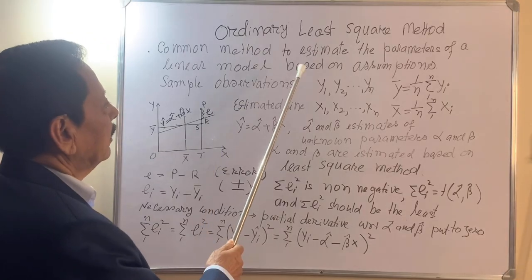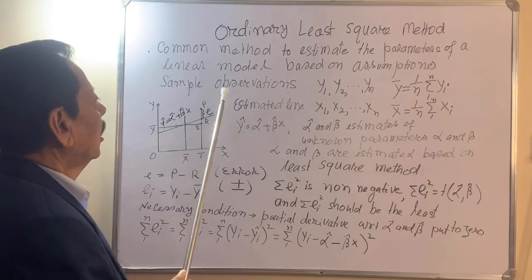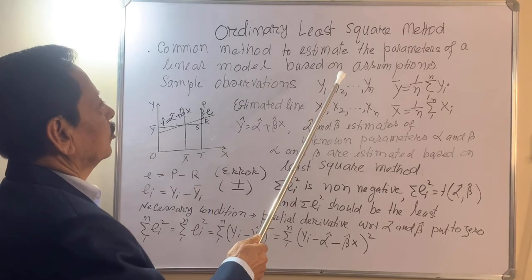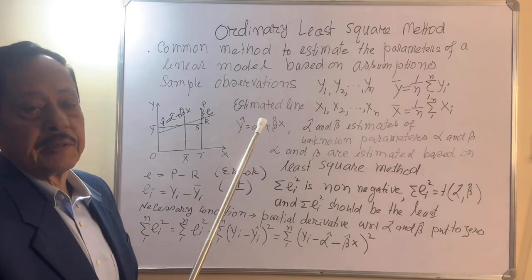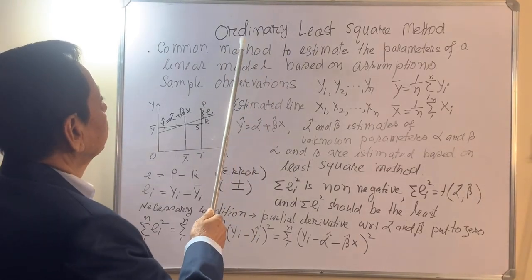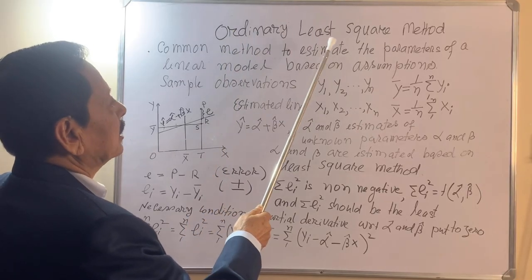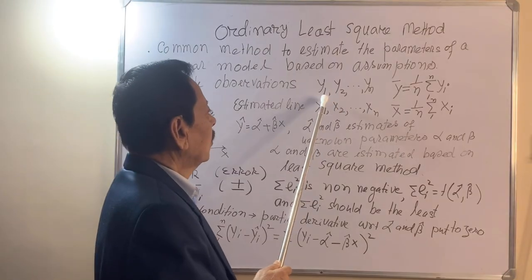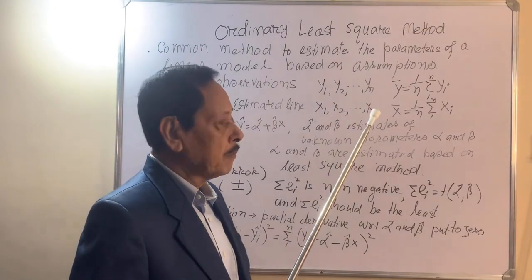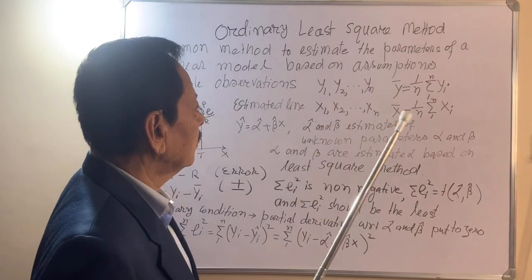So we'll have to keep in mind the assumptions of drawing a straight line with the help of the ordinary least square method. Suppose y is the dependent variable, and x is an independent variable.